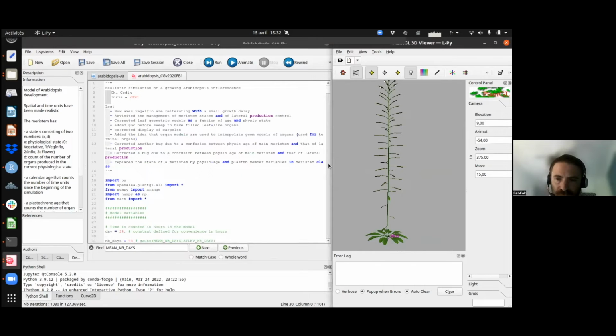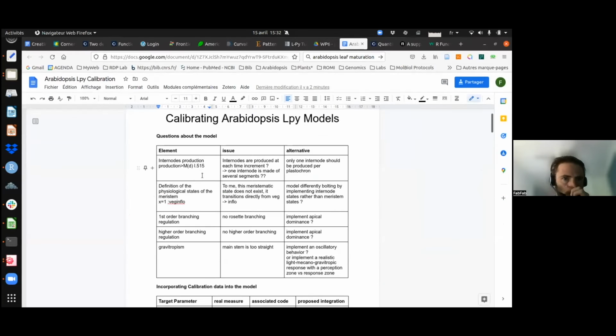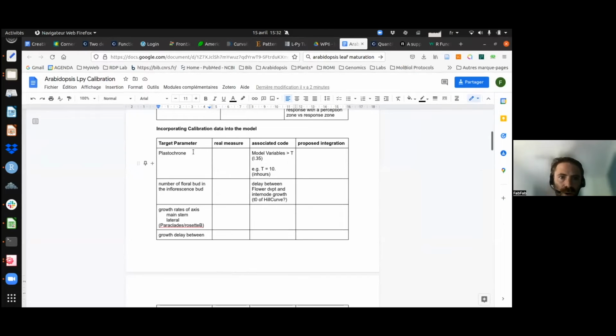Now that I understand how it works, the idea is to incorporate some of the real data I took and to understand where they are. So what I did was to create a list of all the parameters I would like to incorporate, the real measures I have, and where in the code I should write them.